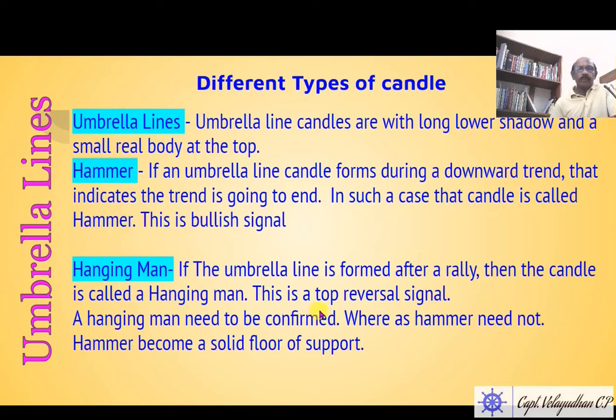This indicates a top reversal. A hanging man needs to be confirmed, whereas a hammer need not. A hammer becomes a solid support level. But as traders and investors, mostly we need the next session indicating that the market is moving up. Then only we can take a call.